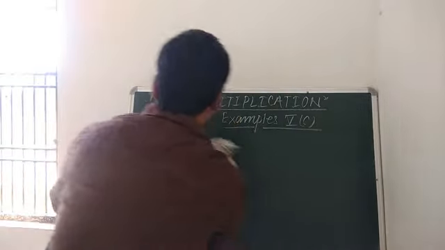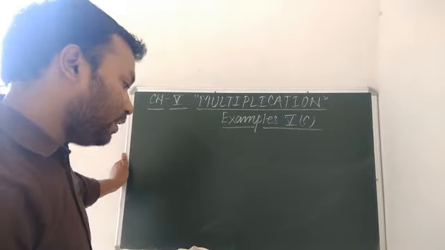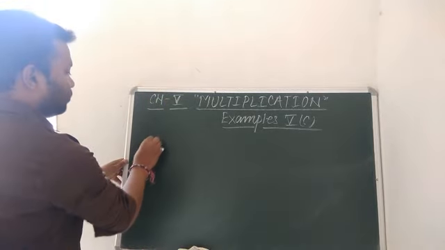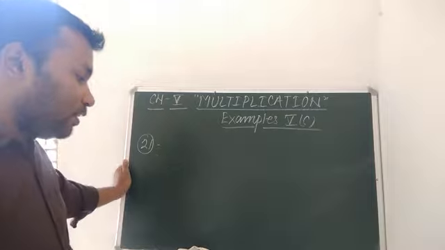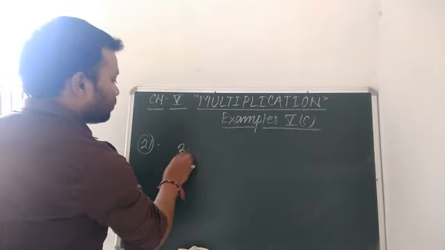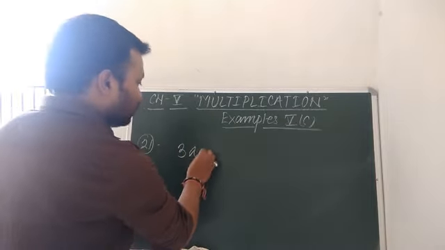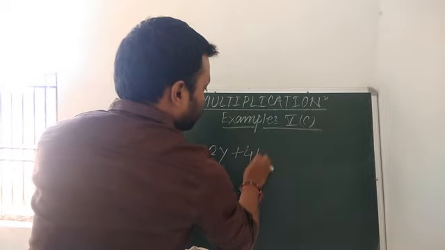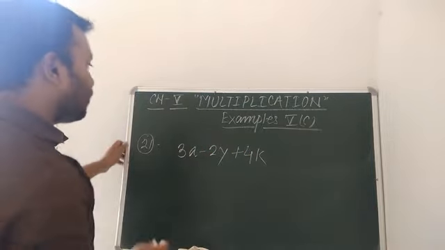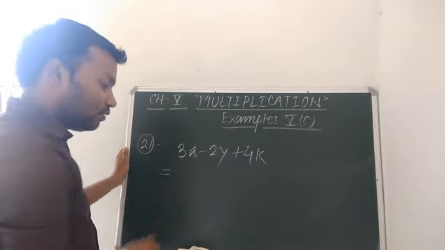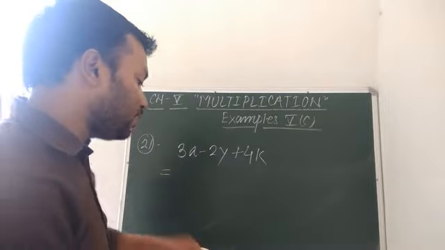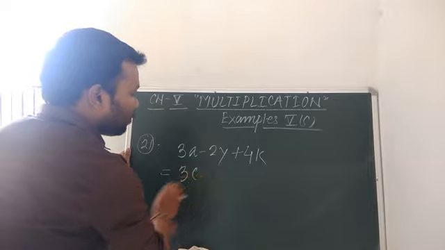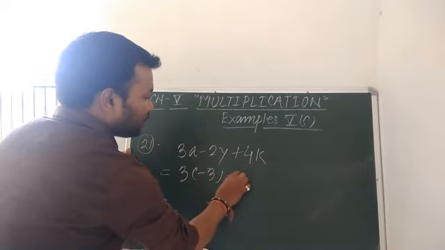Now move on to question number 21. In this question we have the algebraic expression 3a minus 2y plus 4k. The value of a is given as -3, so in place of a we put -3.